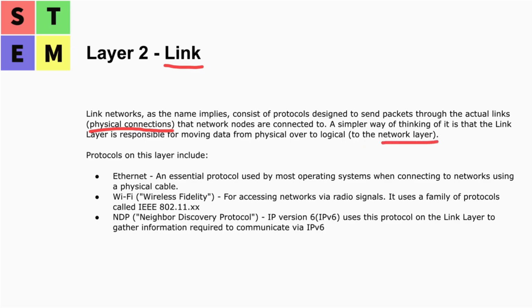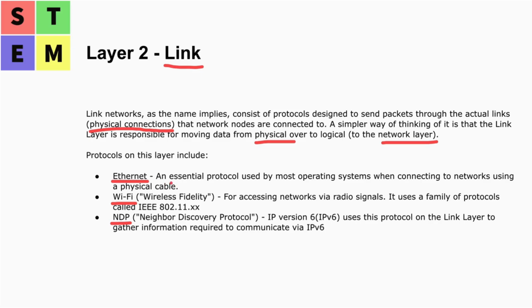The network layer is logical, which means it's virtual, and the link is an actual link, what you can see: the physical links, the lines. The protocols on this layer are Ethernet, Wi-Fi, and NDP.